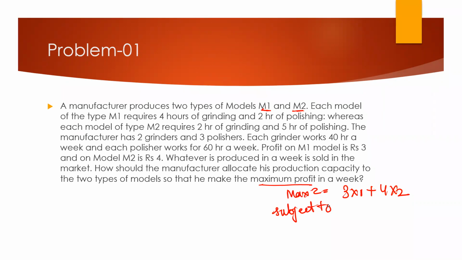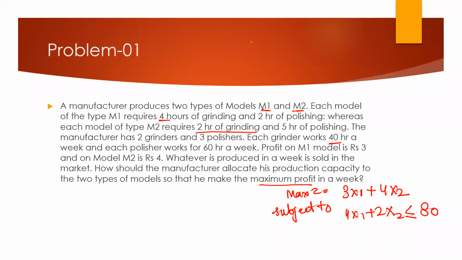The constraint: each unit of M1 requires 4 hours of grinding, while each unit of M2 requires 2 hours of grinding. So I can write the equation 4x1 plus 2x2 is less than or equal to 80, since one grinder works 40 hours a week and you have two grinders.